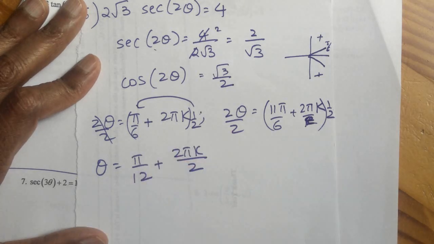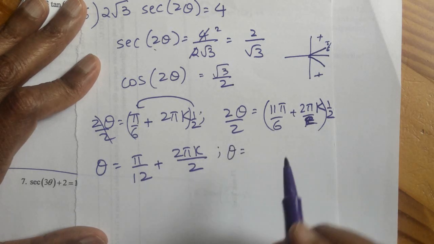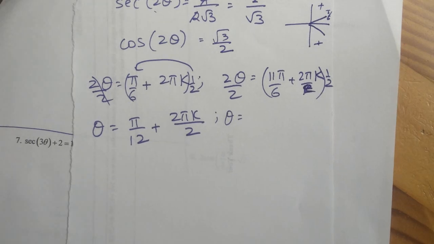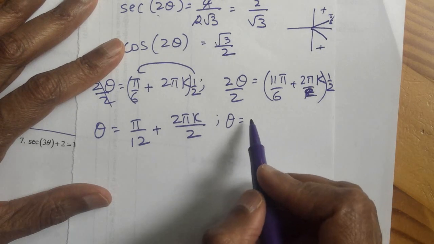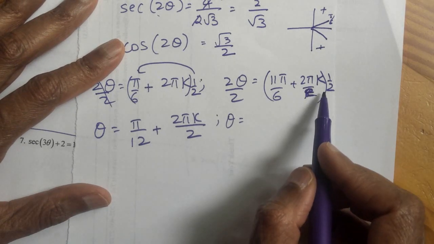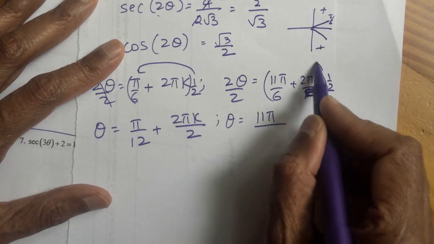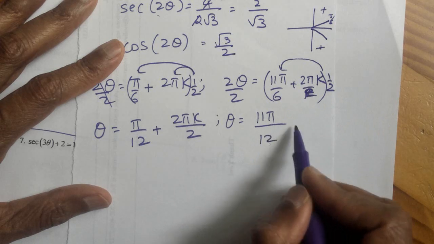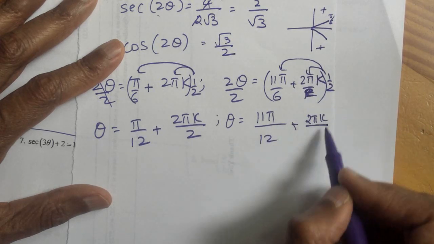You can cross them out, but for now, just leave it. We can simplify later. Even if you simplify here, you ultimately will get the same answer. I'm choosing not to simplify right now, but you can simplify and then work with it. And then this becomes 11 pi over 6 times 2, which is 12, plus 2 pi k over 2.